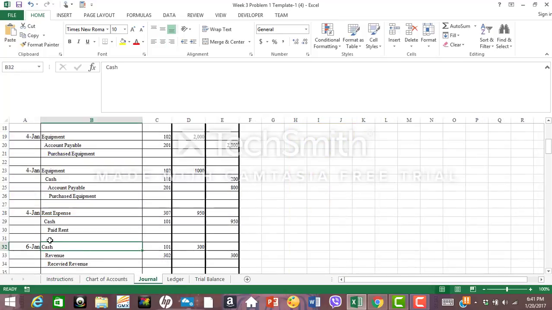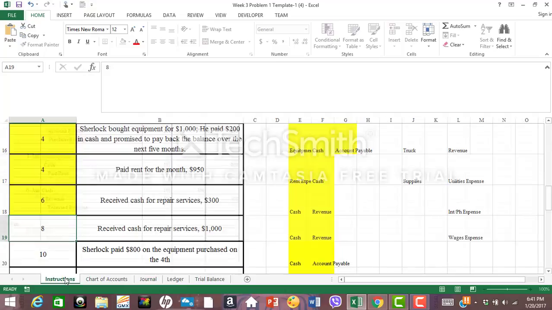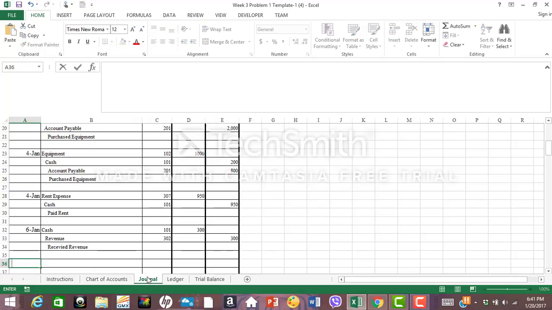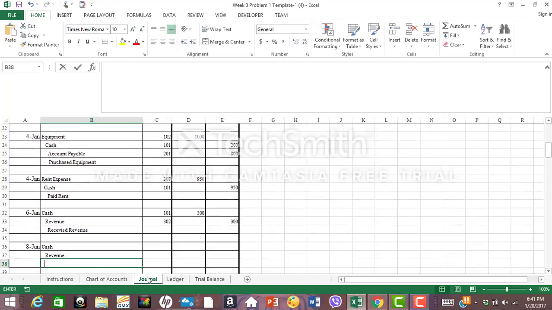So obviously it's the same exact accounts being affected. So January, I always forget the date, 8th. January 8th. Received cash, revenue, received revenue. It would be 101, 302.